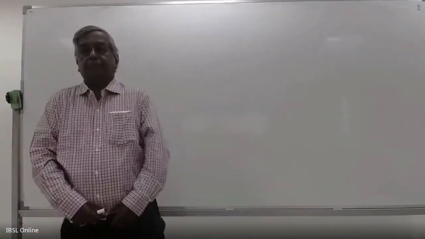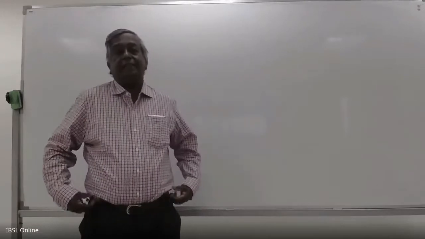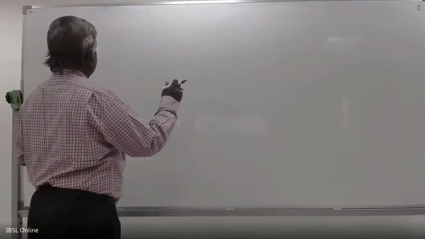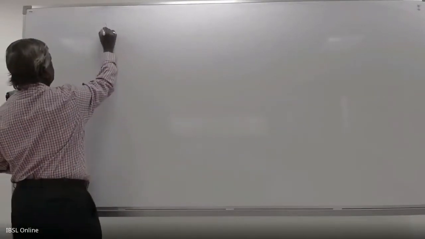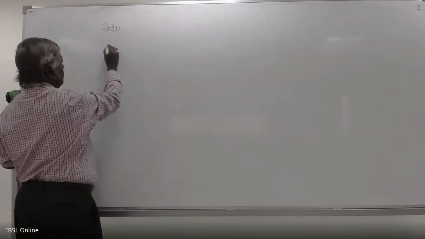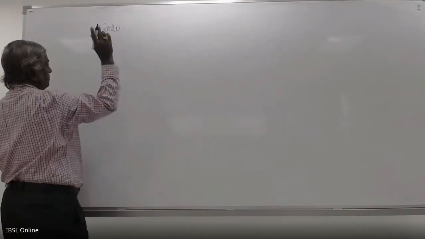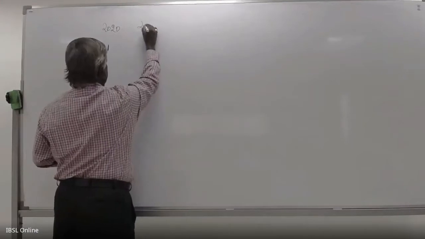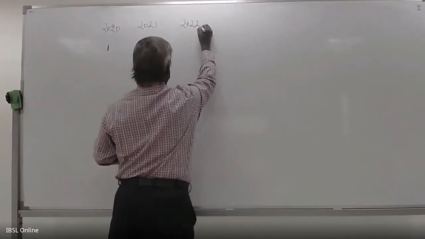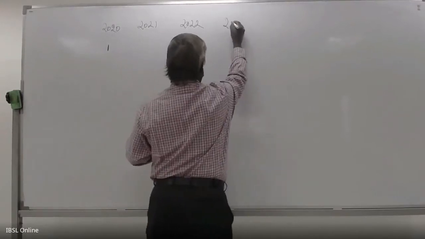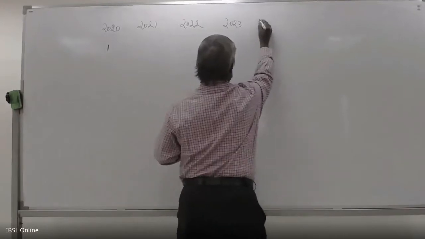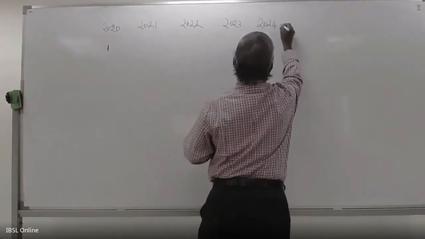Having explained that, let us move on. Today, that is 2020, I am having 1 rupee with me. Then it will be 2021, 2022, 2023, 2024, and it goes on.